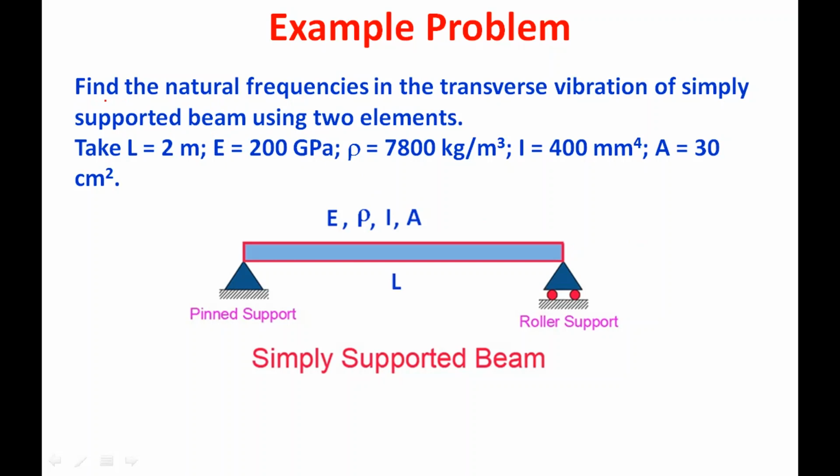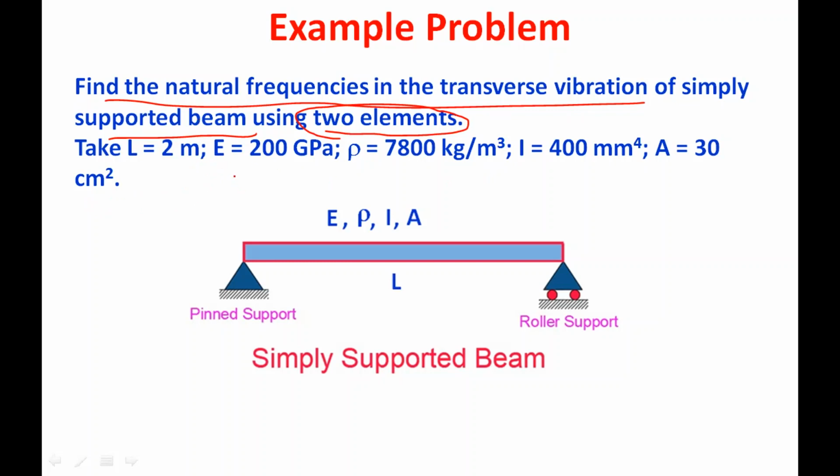The problem statement is like this: find the natural frequencies in the transverse vibration of a simply supported beam using two elements. So we have to use two finite elements, and here we are going to use numerical values for these material properties and geometrical properties.